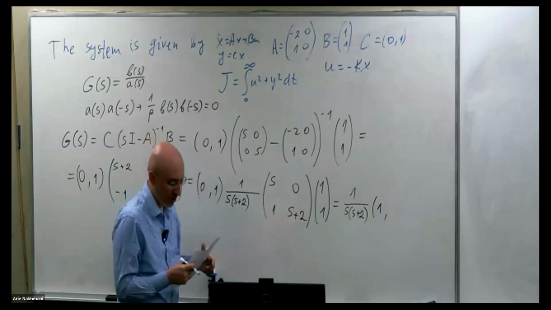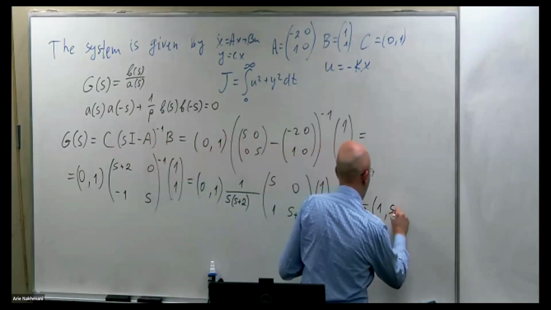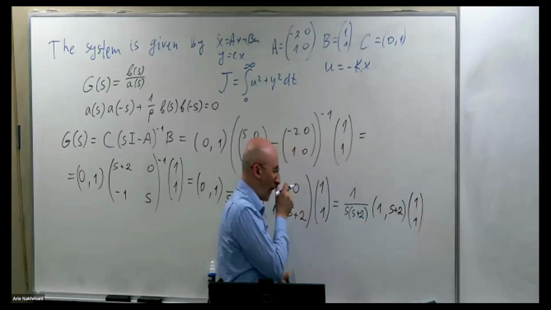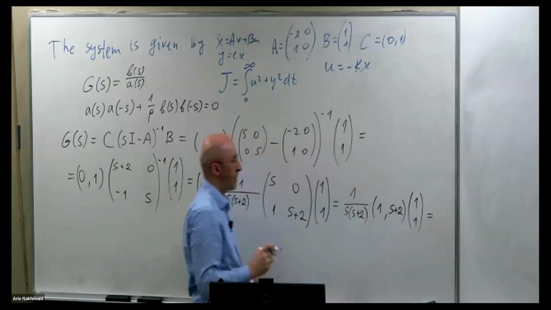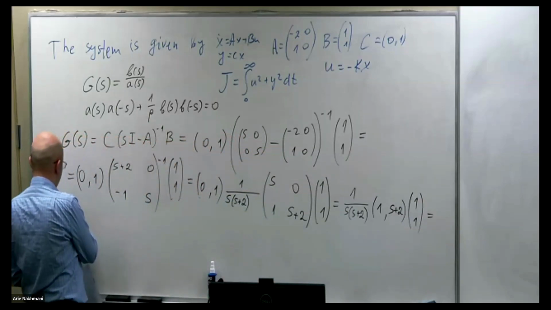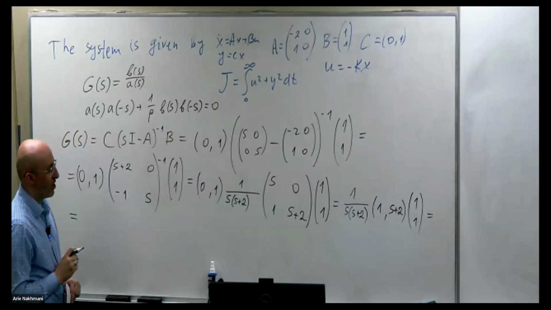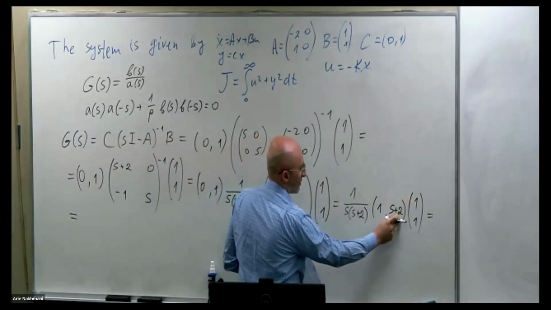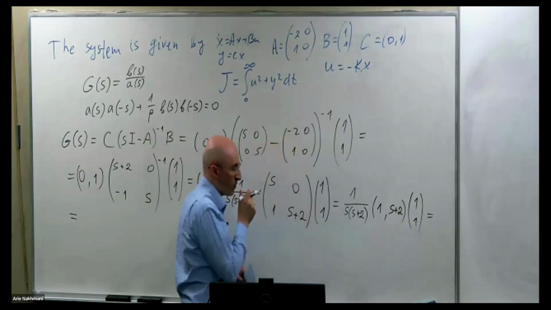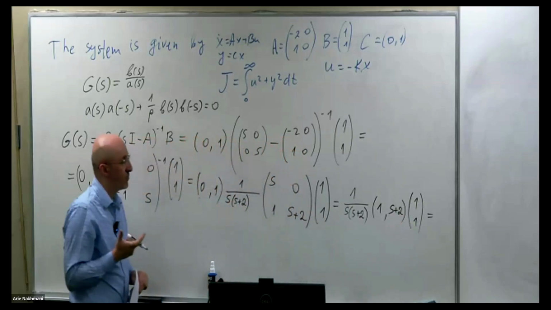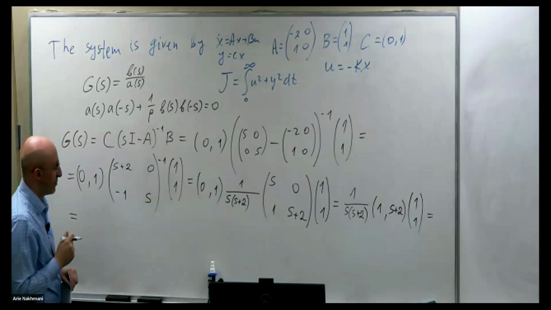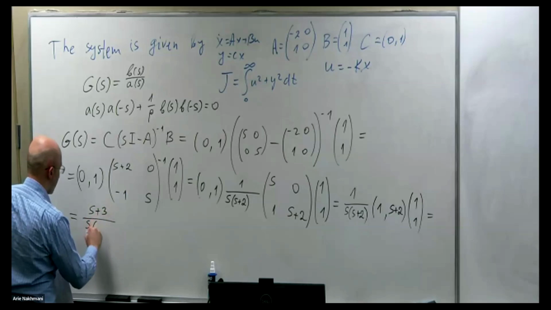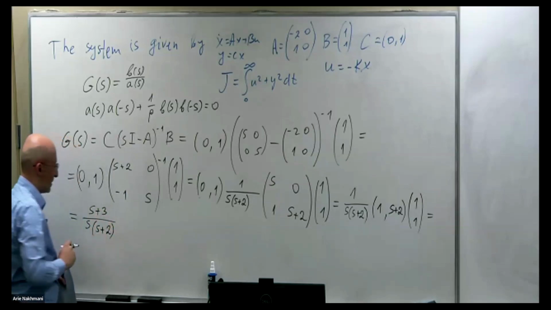So it's s plus 2. Right? And then multiply it by 1, 1. Now we actually can compute it. So it will be 1 times 1 and s plus 2 times 1. That will be s plus 3. So it's s plus 3 divided by s plus 2. This is our transfer function.